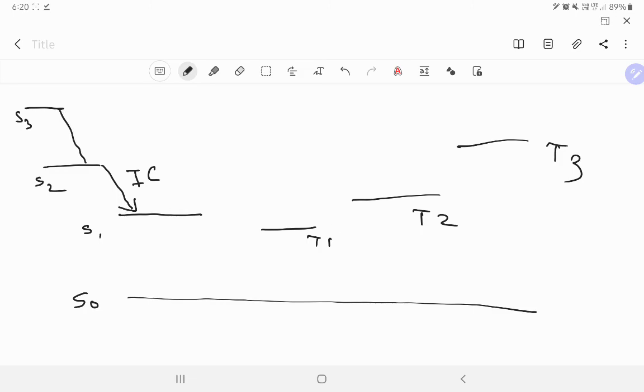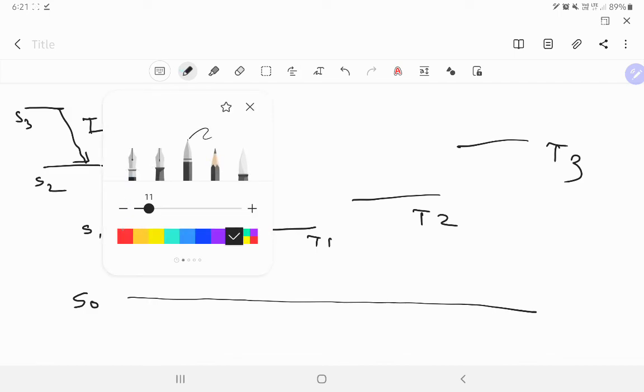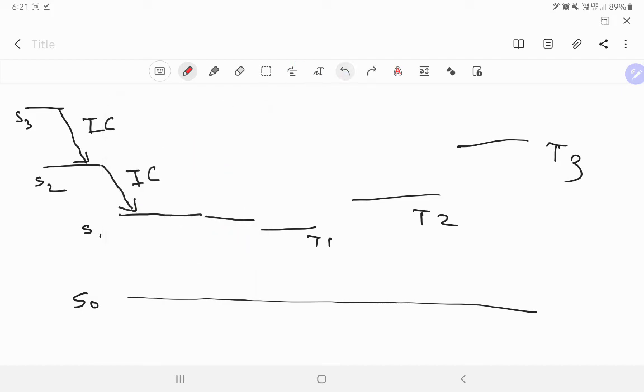Higher singlet to higher triplet is called intersystem crossing. Why is it called intersystem crossing? Because there is a change in spin.